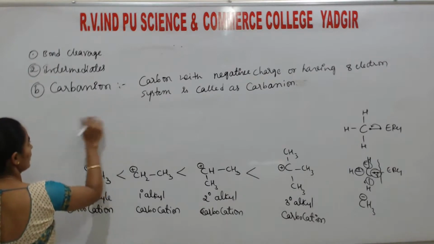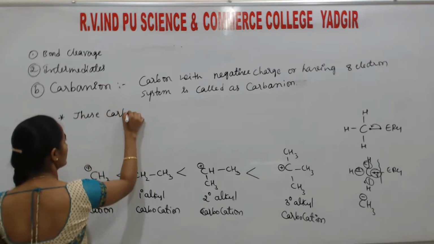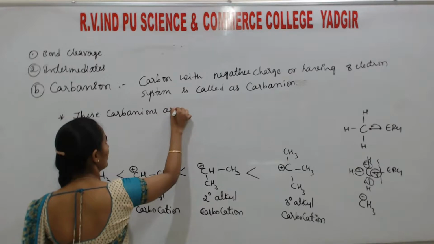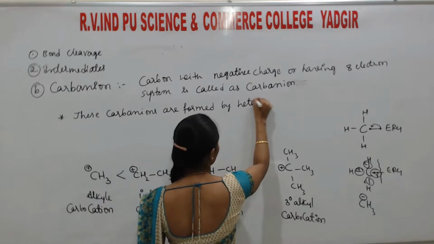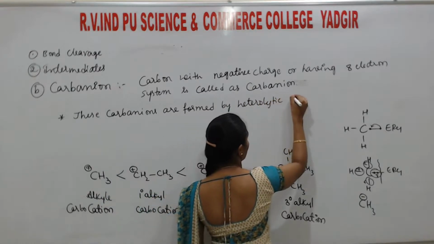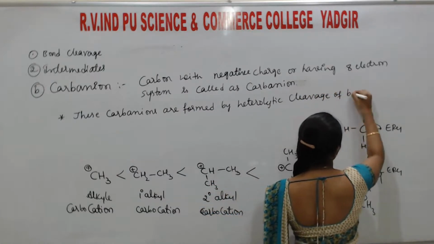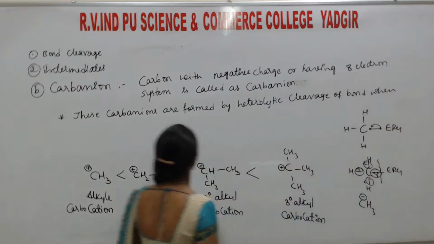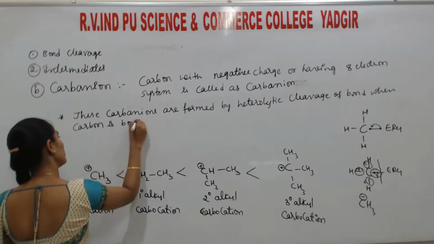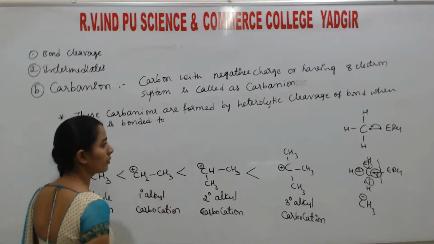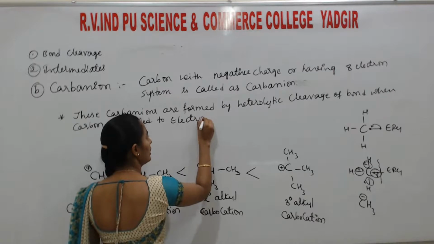So here, first point: these carbon ions are formed by heterolytic cleavage of bond when carbon is bonded to which group? Electron releasing group.